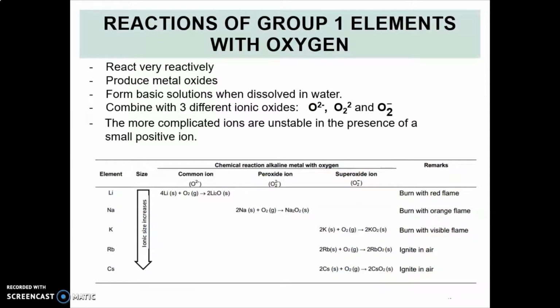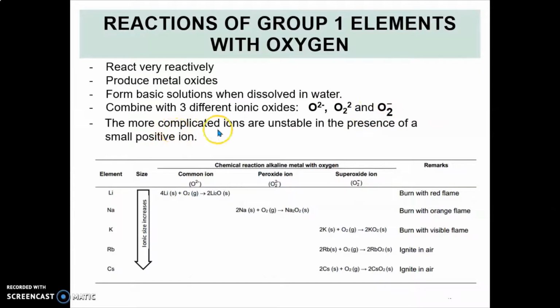Group 1 elements react very readily with oxygen to produce metal oxides, and metal oxides form basic solutions when dissolved in water. Alkaline metals combine with three different ionic oxides, which are the oxide ion, peroxide ion, and superoxide ion.